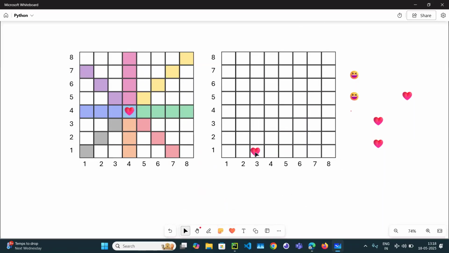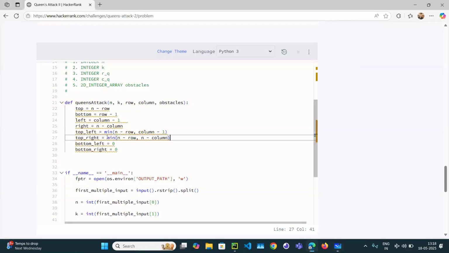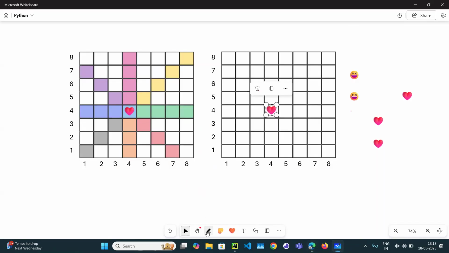Okay. Now, what next? You need to calculate the bottom left. Bottom left means this thing. Queen can attack how many positions? So let's try the same formula, minimum of left and minimum of bottom. Right. So 3 and 3.